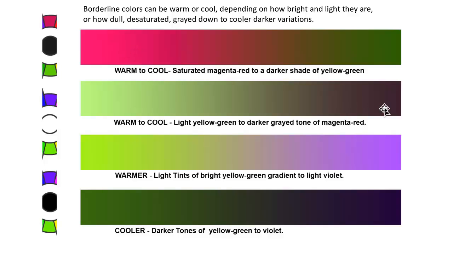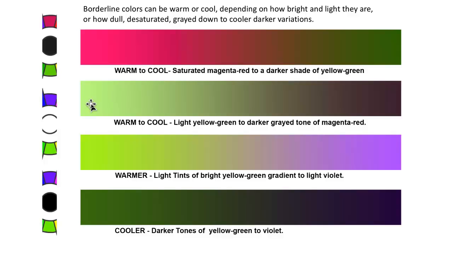But here, if this is the same color, but it's toned down to a darker tone, grayed out, that gives it a very cool feel, right? And here, this yellow-green color, when you darken it down, it feels cooler. But if you brighten it up, the same light yellow-green color, increase the saturation, brightness, add a lot of light to it, it feels warmer.